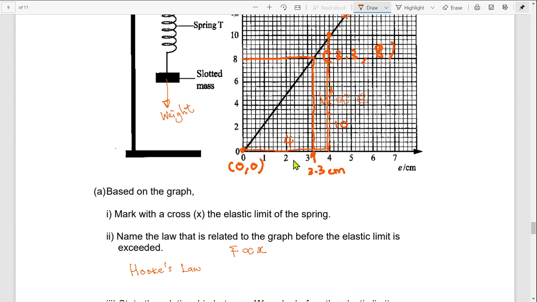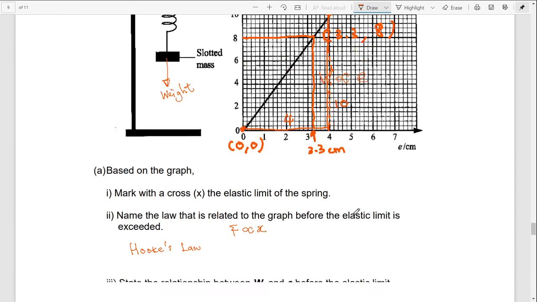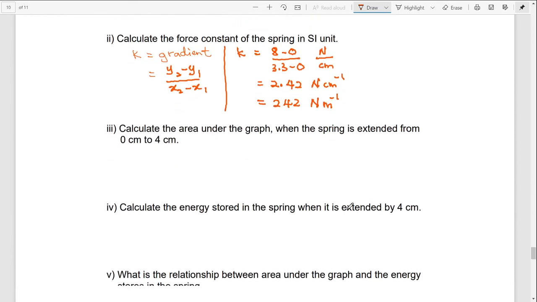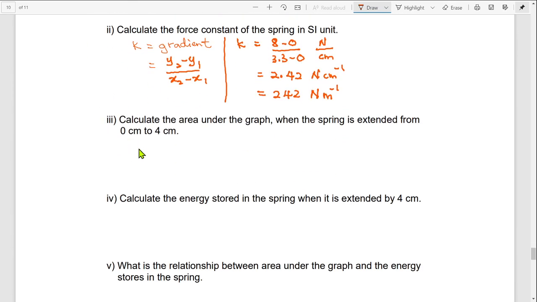So the area under the graph, we have a triangle, correct? So it's 1 over 2 times the base. The base is 4 centimeter times the height is 10 Newton. So what do you have?